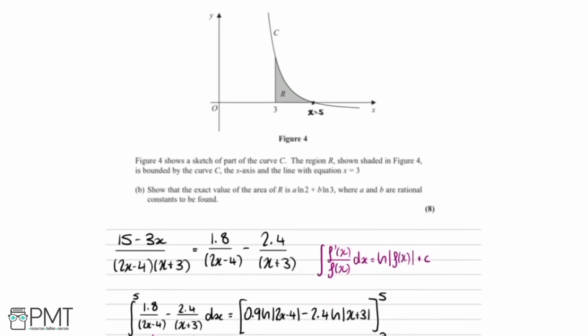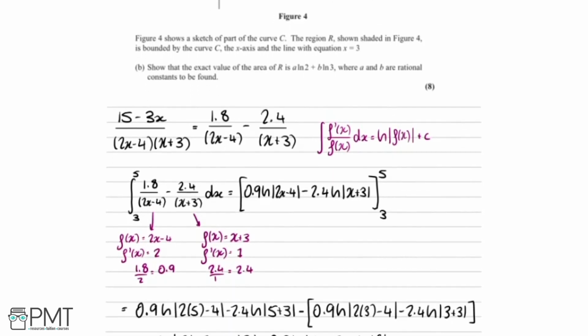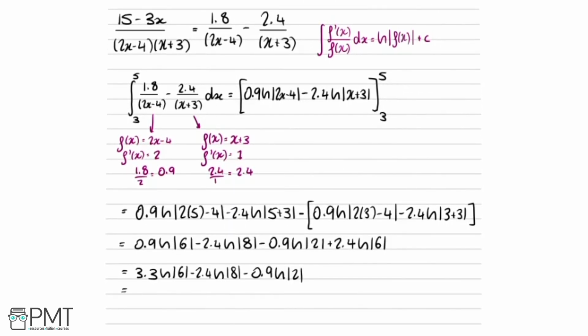Right, so now we're almost there, but if we look back up at the question, we see we need to write it in a form where we've only got log of 2 and log of 3. So we've got to manipulate this a little bit more. Well, using some of our log laws, we can say actually this is 3.3. Ln 6 is actually the same as ln 3 plus ln 2, because the rule is you can multiply these together when you're adding them to combine it into one log, and 3 times 2 is 6.